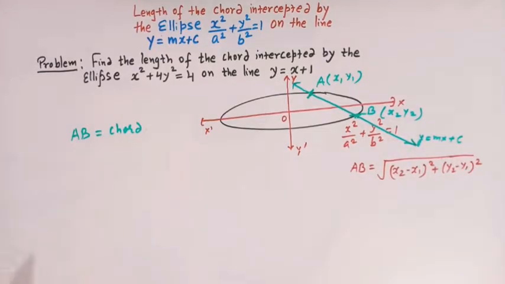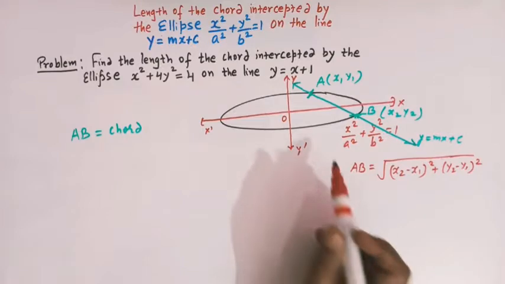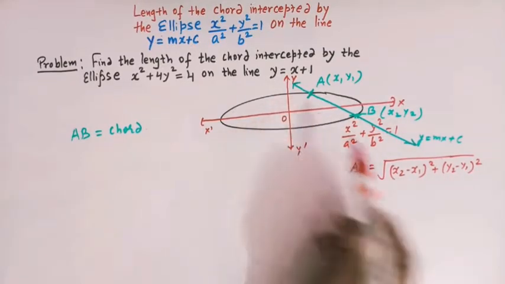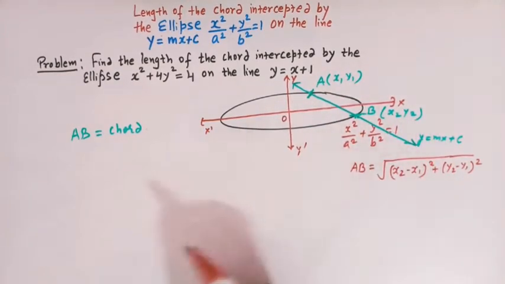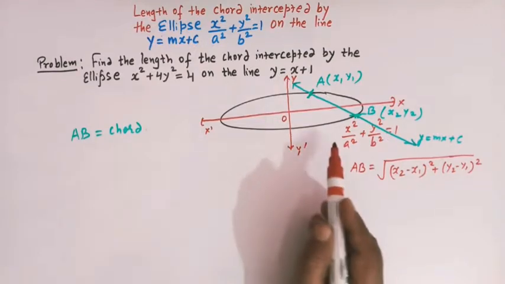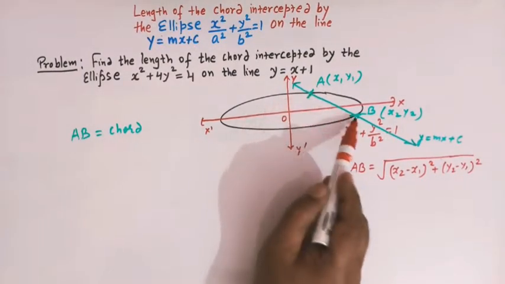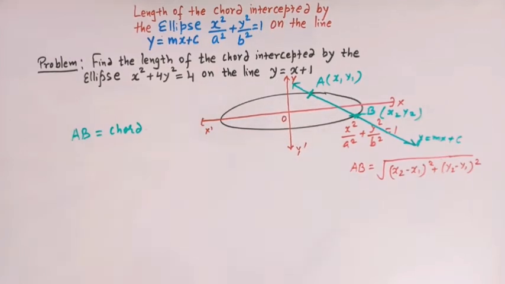In this video we are not going to discuss the detailed method of finding x1, y1 and x2, y2. Rather, we are going to use the direct formula to find the length of this intercept AB.